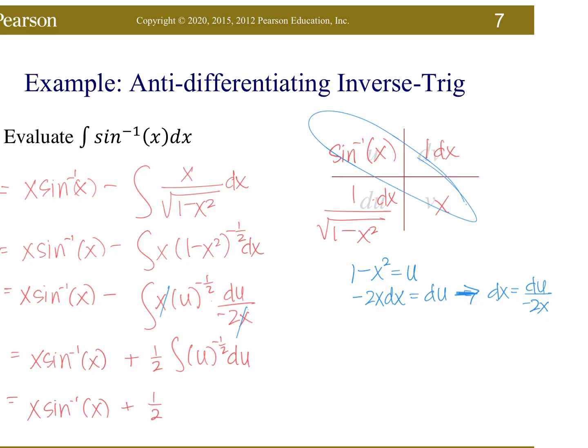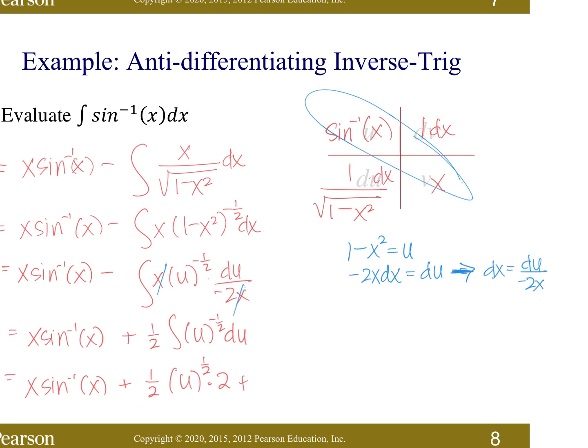So 1/2 u to the positive 1/2, divided by half, which is the new power, and then plus c. So putting everything together, you'll have the coefficient of half and the anti-chain rule of 2 reducing. So you're going to be left with the square root of what you chose for u, plus the constant c.